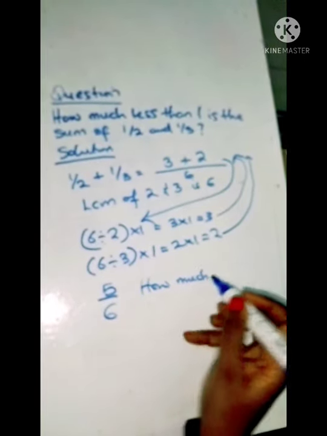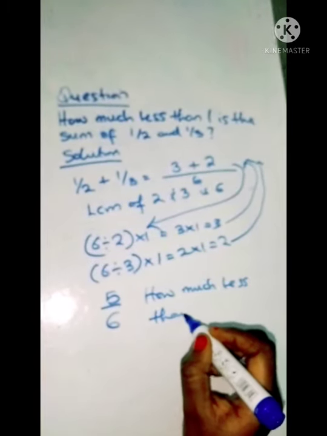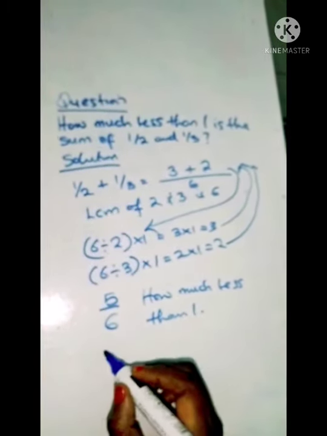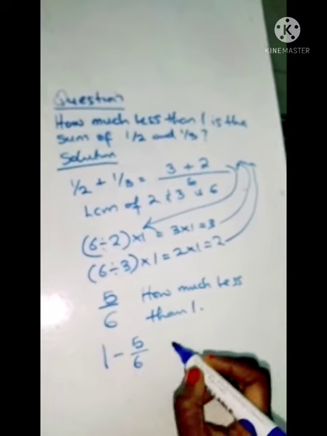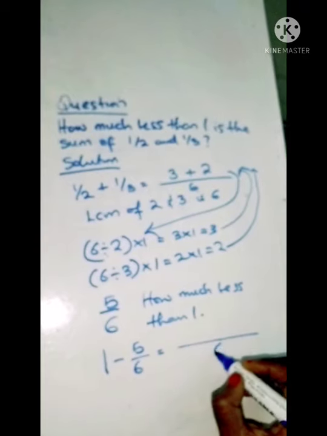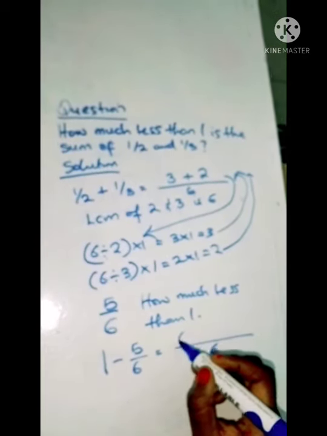So how much less than 1 is the sum of that, which is 5 over 6. So we'll say 1 minus 5 over 6. We'll also have an LCM 6.